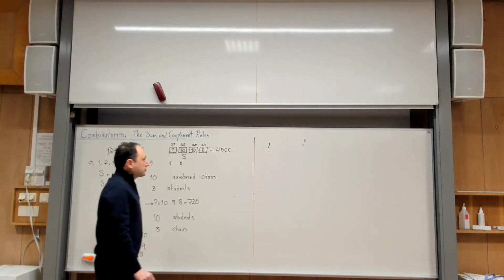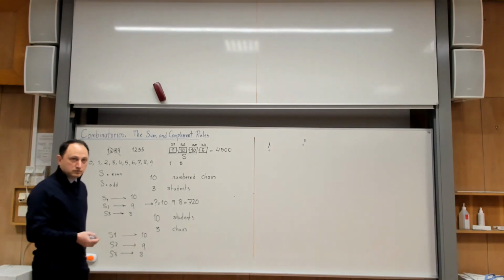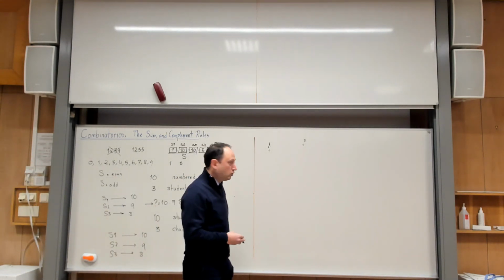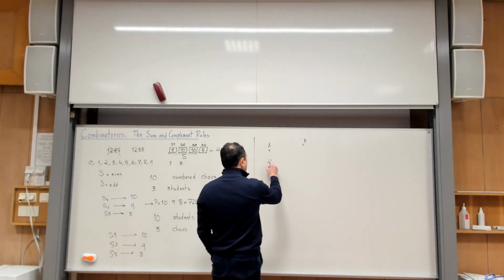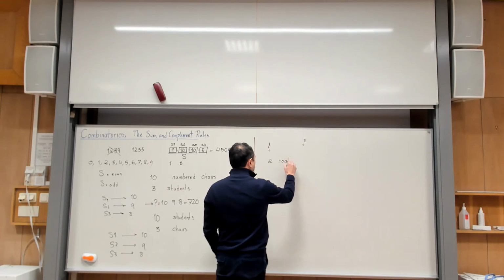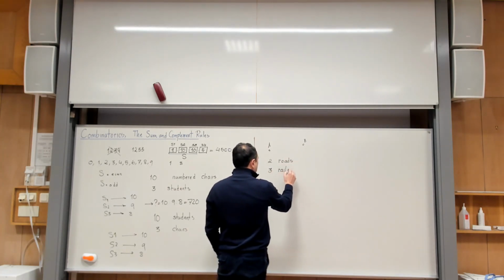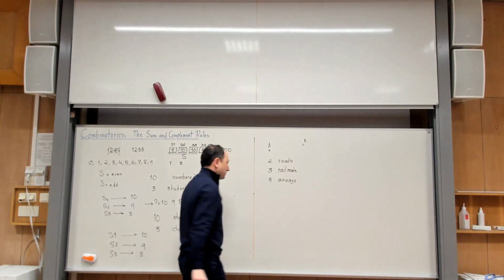If you want to travel from city A to city B, you have two roads. So you can take your car and drive from A to B, and there are three railroads, and 5 airways, or airlines, for example.